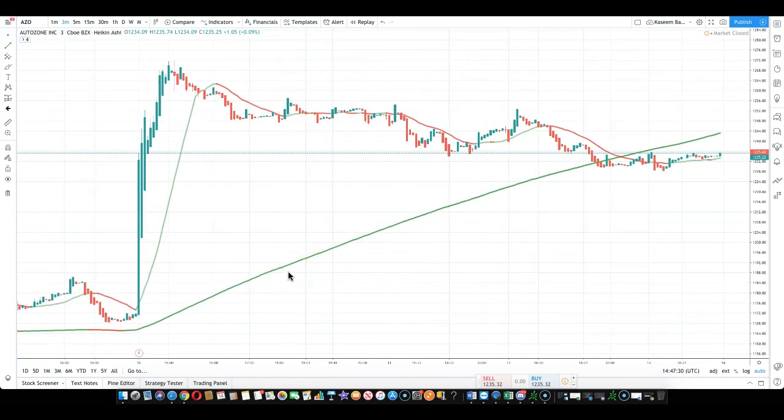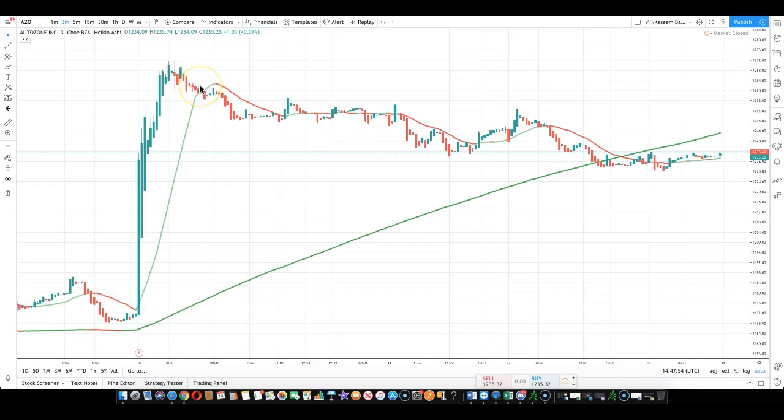So what I mean by trading with trend is a situation like this when the trend changes, and I will explain what I mean in a minute. A situation like this is when you make sure you're on the right side of the trade.